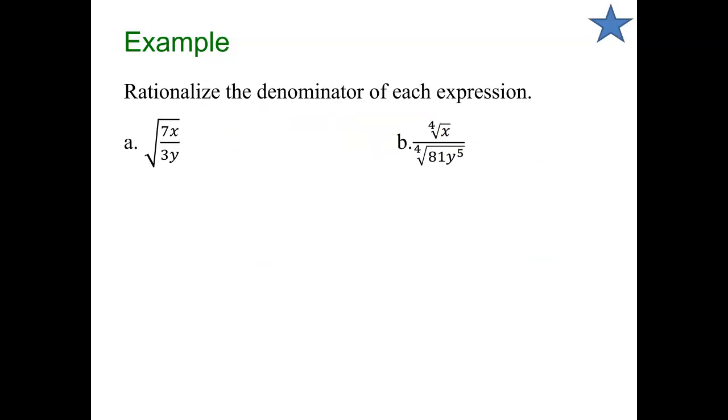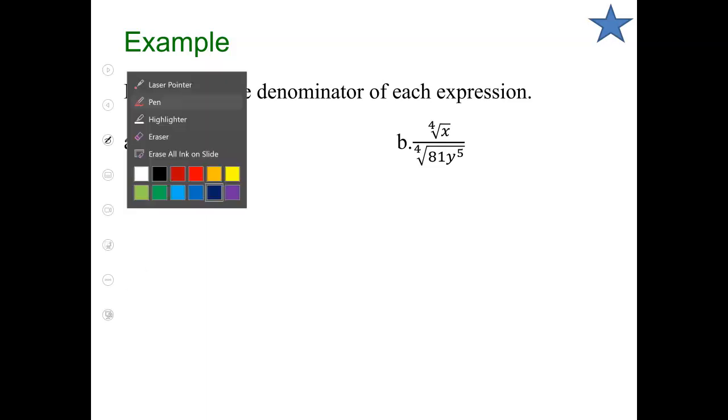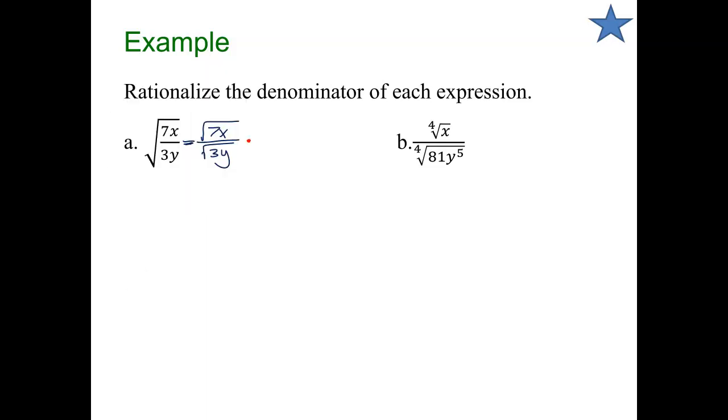So again, we're going to apply our quotient rule so that I have the square root of 7x over the square root of 3y. So what am I going to multiply by for this one? 3y squared by 3y. Multiply by 3, that gives me a 9.